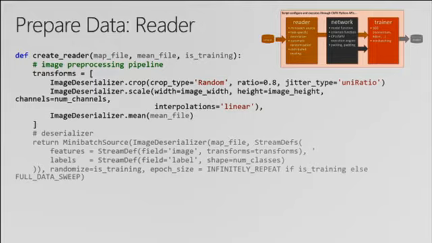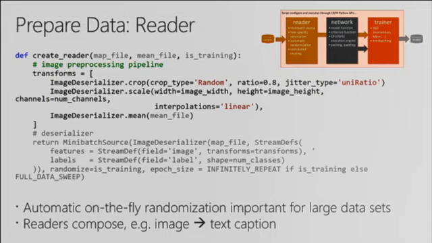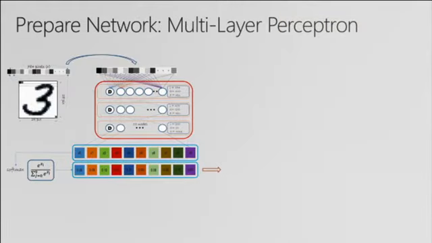CNTK also natively supports automatic randomization and data augmentation, so you can do cropping, scaling, jittering, etc. All the popular ImageNet models do this kind of image enhancement. This randomization will be done automatically by CNTK on the fly, and you can also apply it to really large data sets. The reader is also composable, which means you can write 2 readers, one reading images and one reading text, and compose them together.